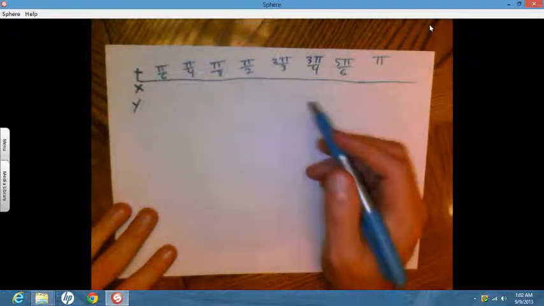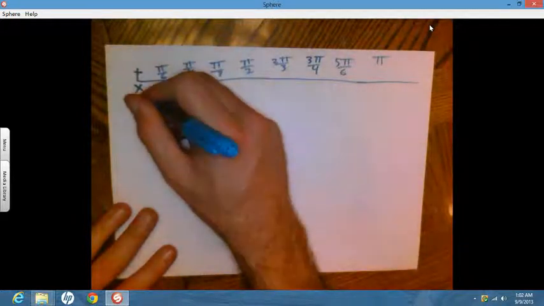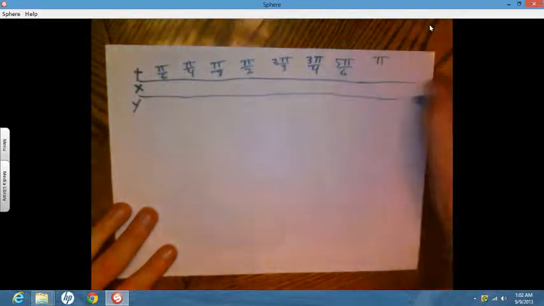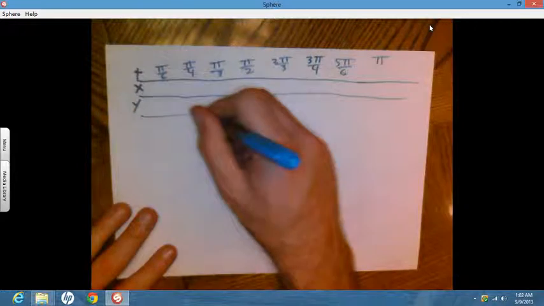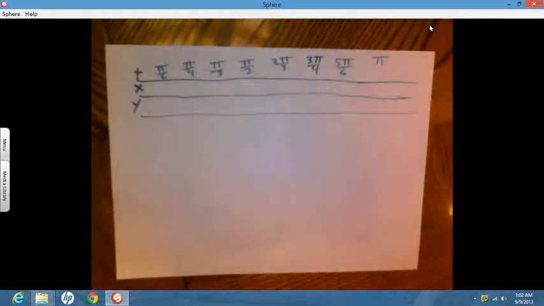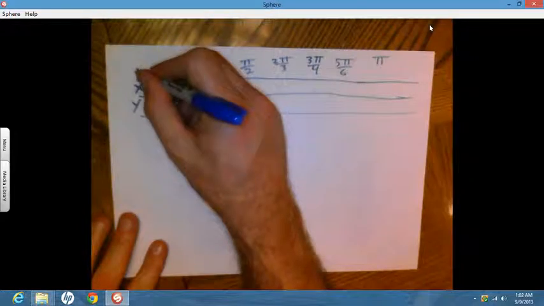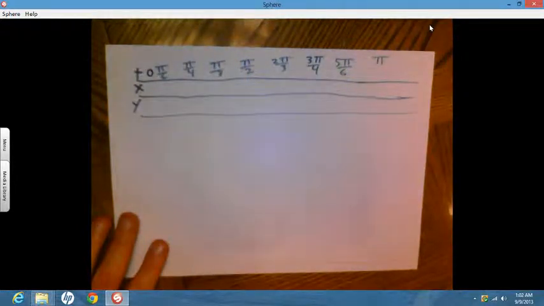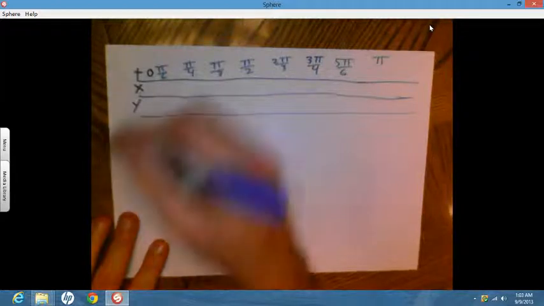Now the x value is, remember, the x coordinate tells us the value of the cosine, and the y coordinate tells us the value of the sine function. Okay, so let me go ahead and fill these in. We forgot to start with the most obvious one, which is 0. If we're at 0 radians, or 0 arc length, then the x-coordinate is 1 and the y-coordinate is 0.